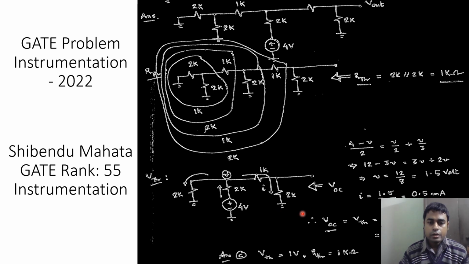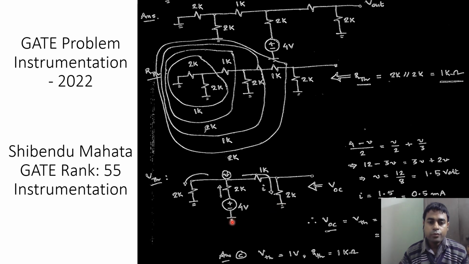We can use a lot of methods to find it out, but the one that I have used here is the nodal method. Just consider that the voltage at this node is unknown, and let's call it small v. Let's say some current is flowing from bottom to top through this 2 kilo ohm resistance, and then it can go to the left side as well as through the right side branches.